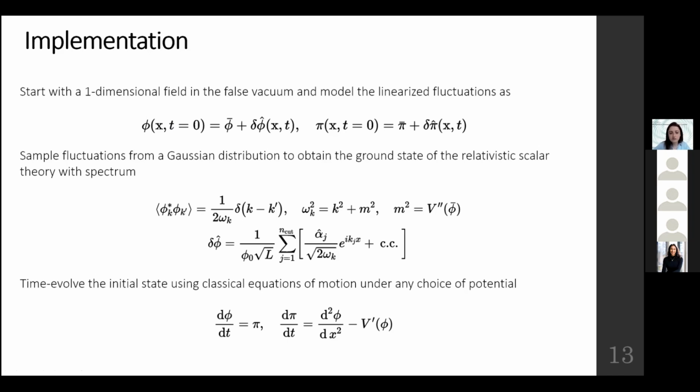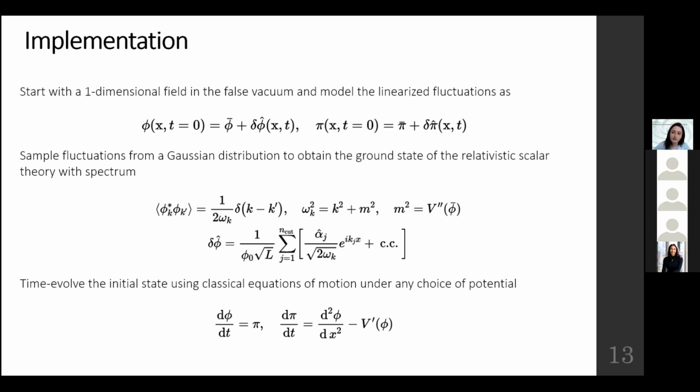The fluctuations are sampled from the Gaussian distribution to obtain the vacuum, and the power spectrum is chosen to correspond to that of a relativistic massive scalar field. Just as a small comment, in our work here, we choose the mass to be the bare mass in the potential, the curvature at the false vacuum, but there are some subtleties here related to what the correct mass would be that accounts for renormalization effects on the lattice.